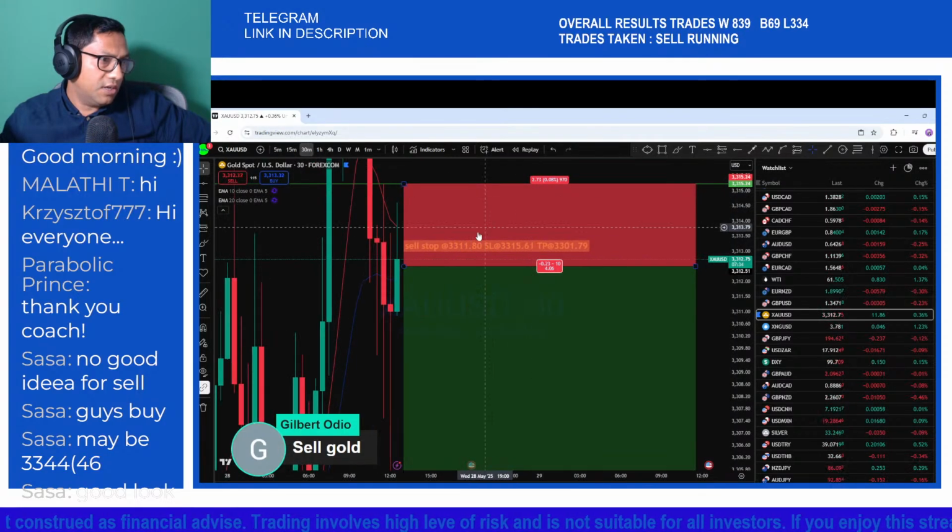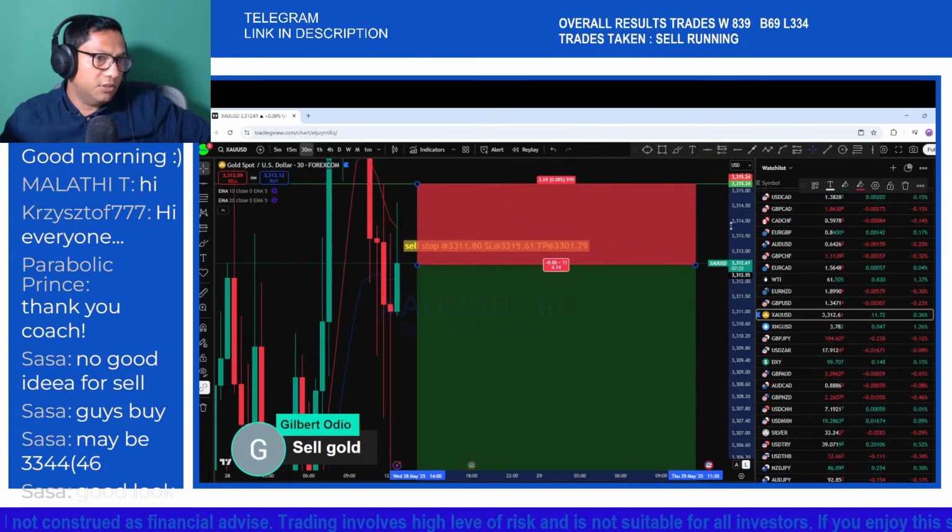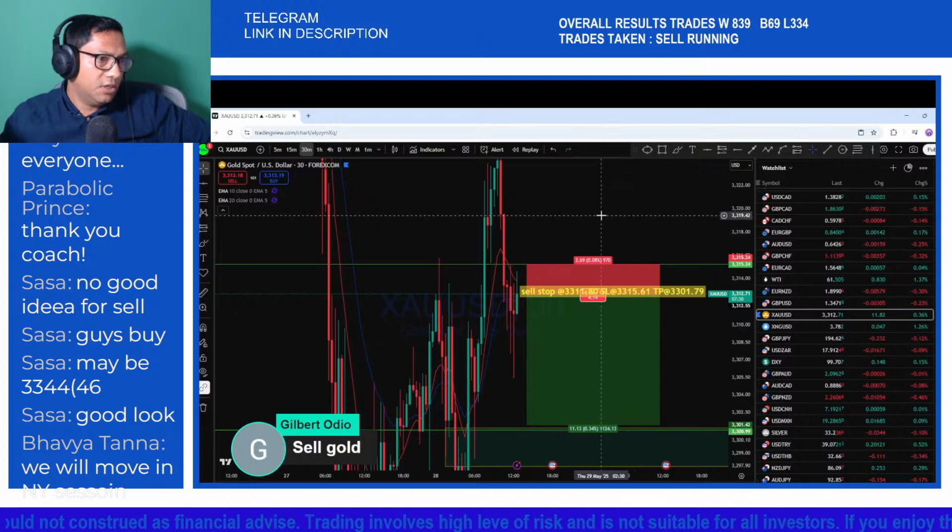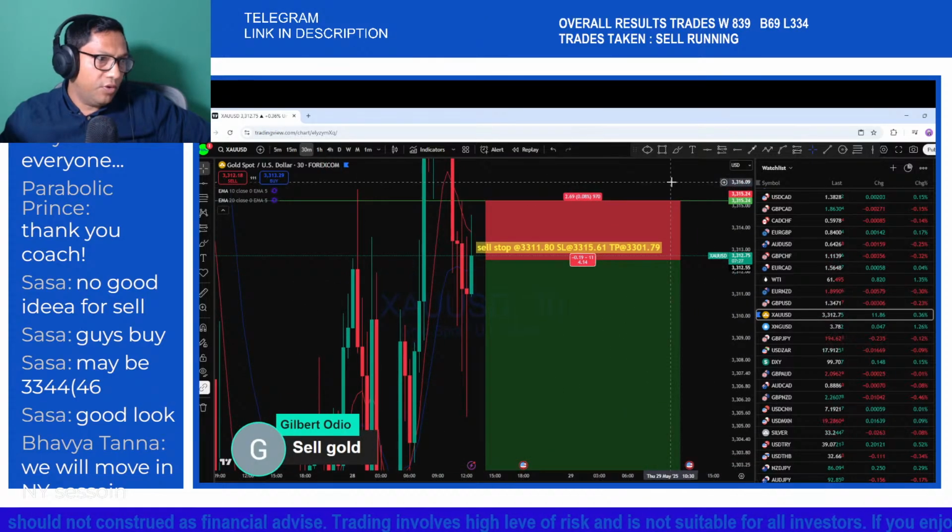If we look at here, this is the 30 minute price action, which is closing in a few minutes.